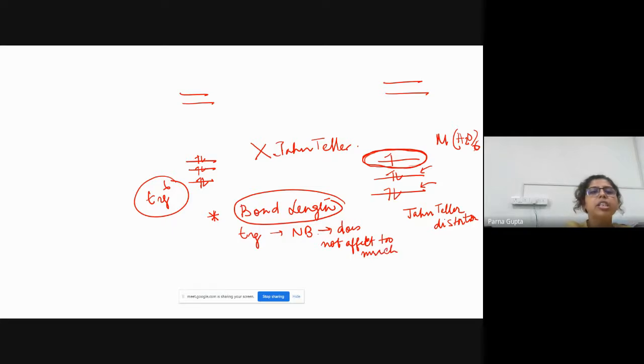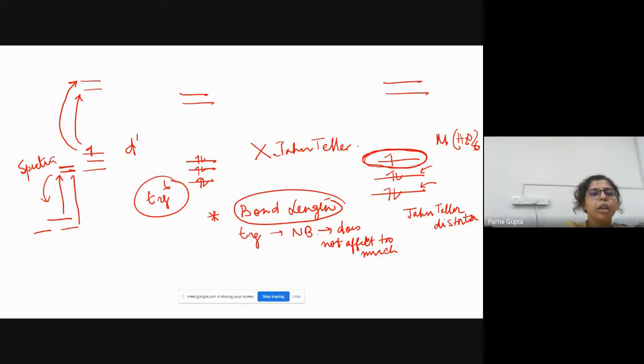But if it is in the eg, like in d6, so d6 you have a d1 system, and the electron can go to one or the other. Now if you have a d1 system, then this d1 system breaks into these two, so these energies remain the same. It can go from here or it can go from here.